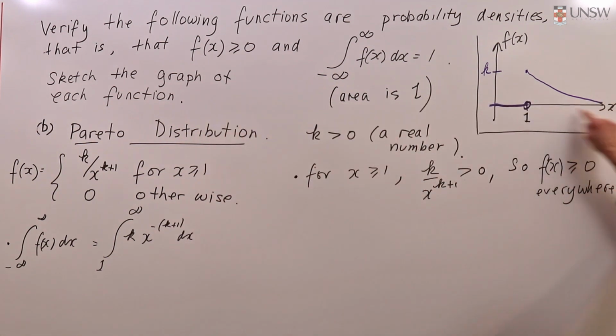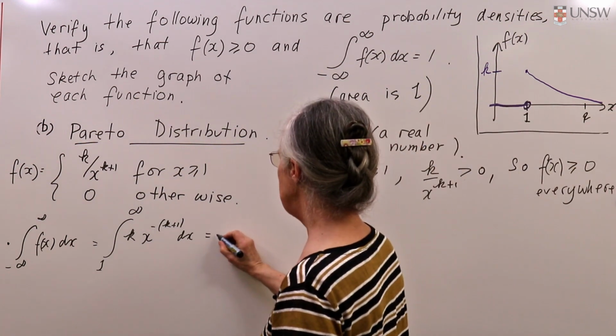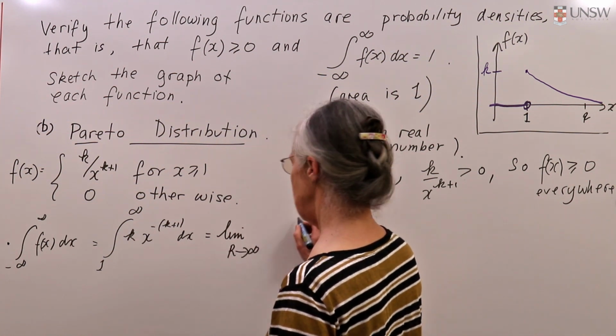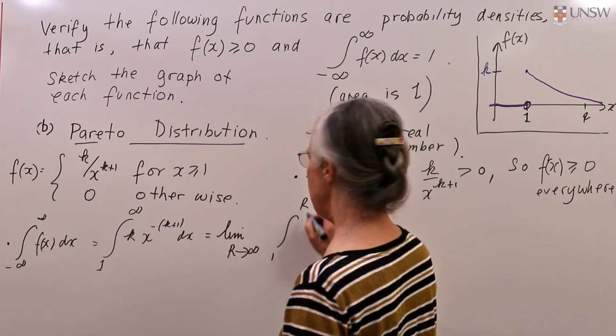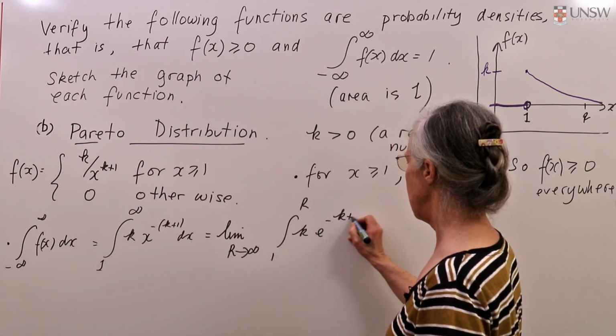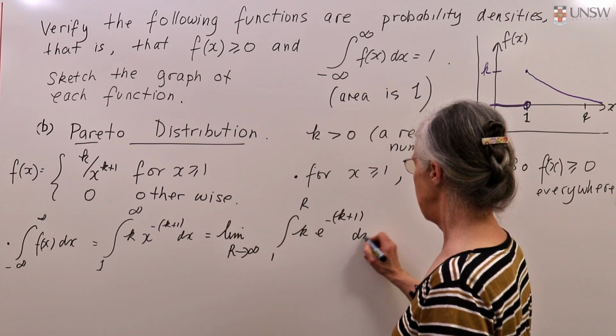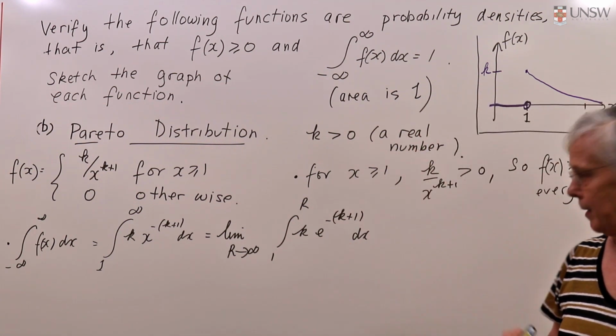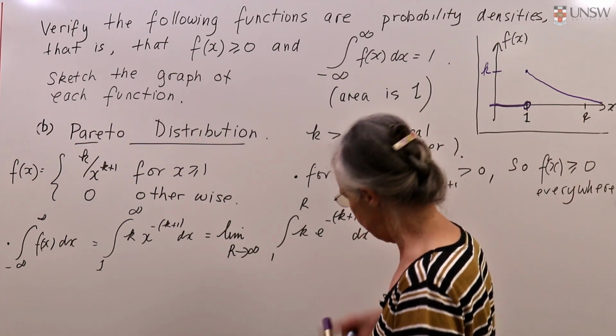Now, integrating to infinity, of course, what we really do is we integrate as far as r, say, and then look at what happens as r tends to infinity. So that's going to be the limit as r tends to infinity of the integral from 1 to r of k x to the minus (k plus 1) dx.